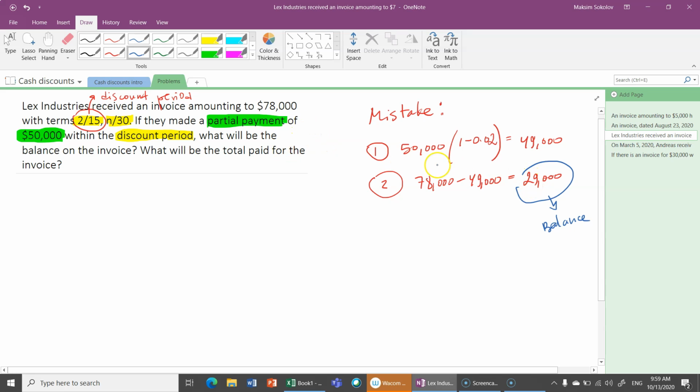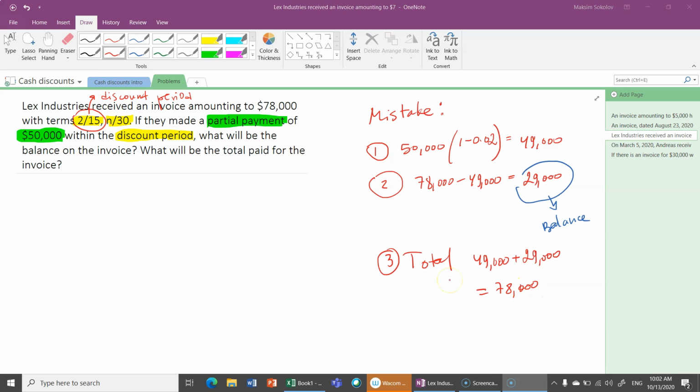And what is the total paid? They would say the total would be found in the following way: 49,000 paid in the beginning plus 29,000, so it's going to be 78,000. Of course, this is a mistake to compute this way, right? So please pay attention that it's a mistaken way to compute it.